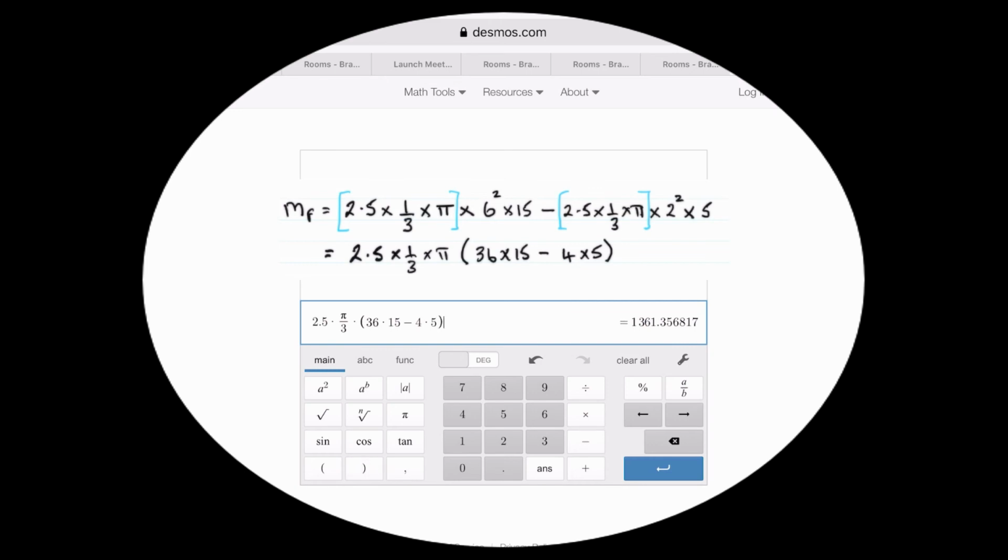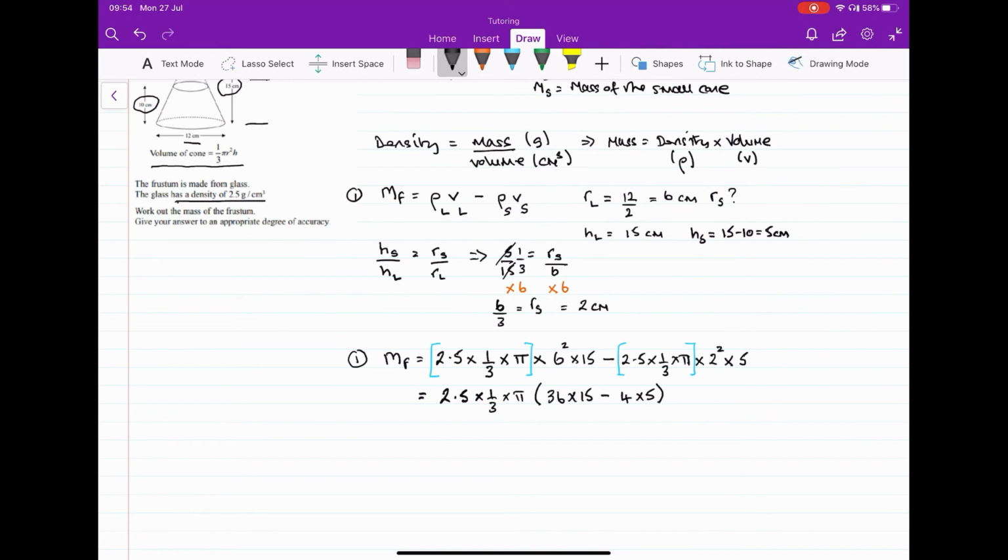And that gives us our answer on the right-hand side, 1,361.356817. So that equals 1,361, and let's say 0.36 to 2 decimal places.